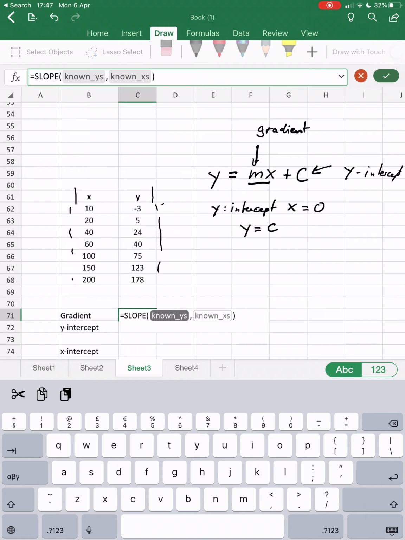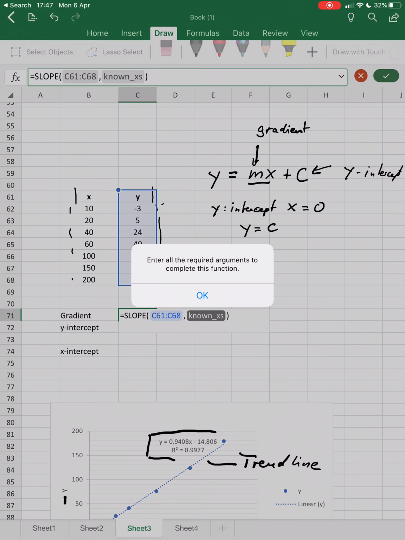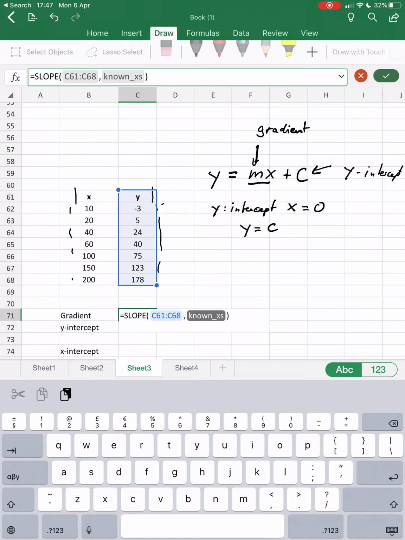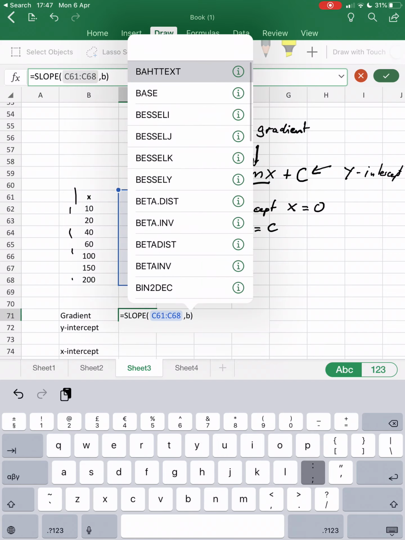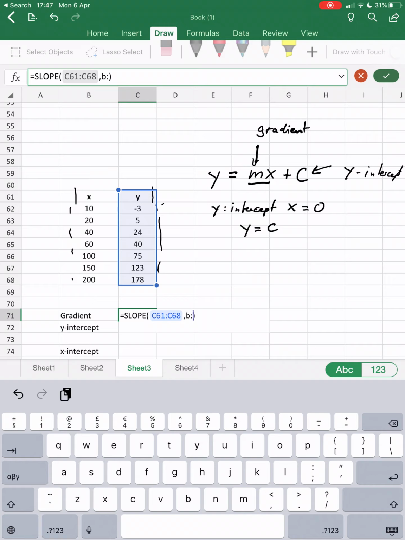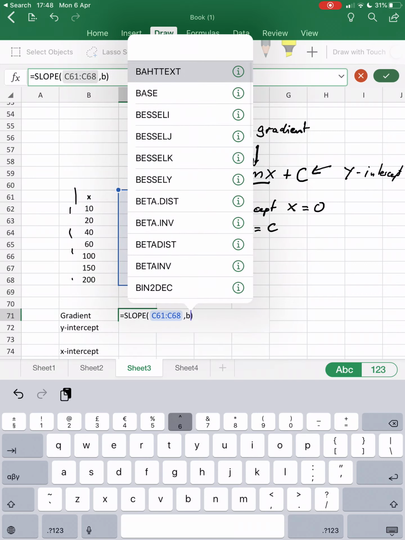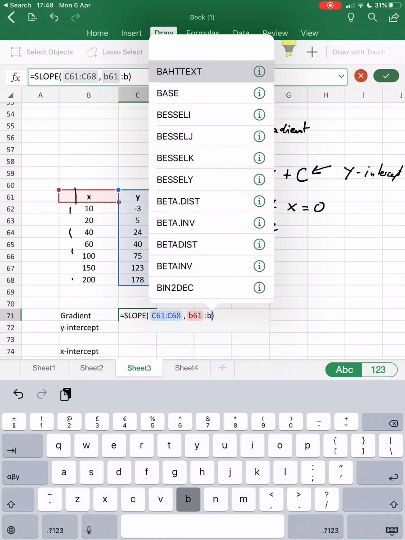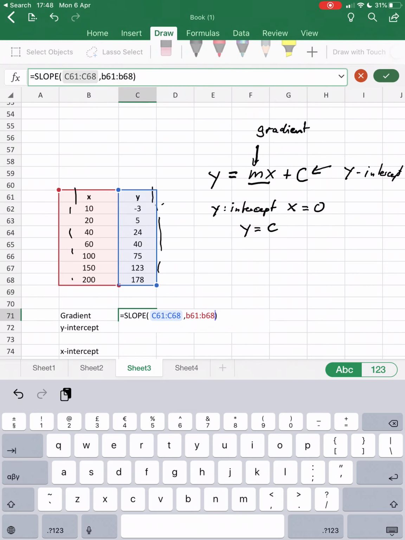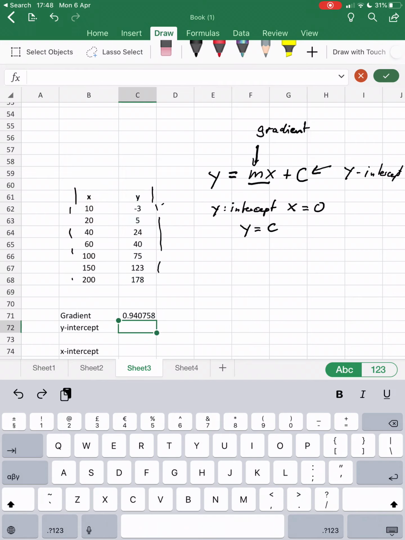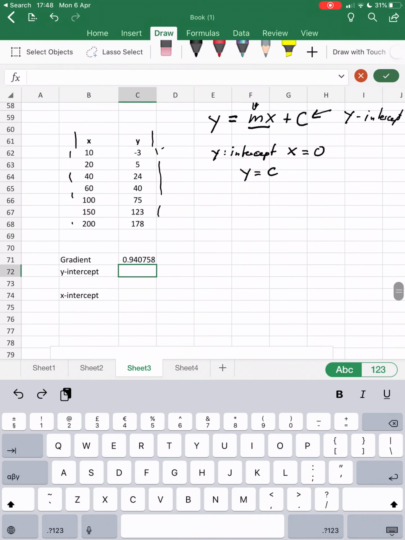We have to put in the y values first, so y, this one here, from C61 to C68, and then we put in the known x value, B61 to B68, bracket closed, and enter, and here we get our gradient.